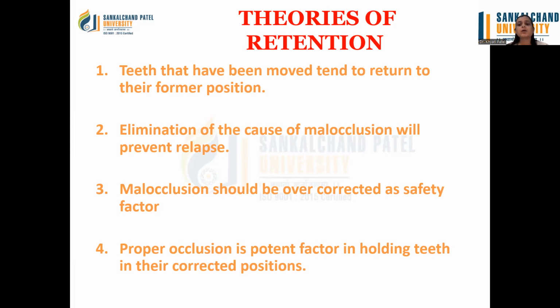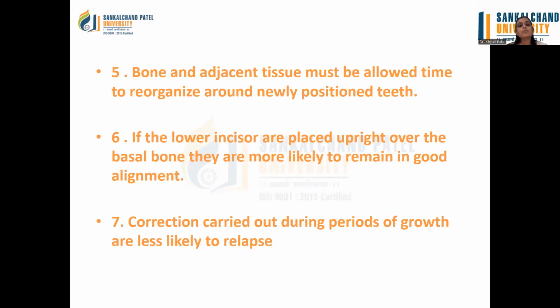Malocclusion should be overcorrected as a safety factor. Then proper occlusion is a potent factor in holding the teeth in their corrected position. Bone and adjacent tissue must be allowed time to reorganize around the newly positioned teeth. So that's why retainers are given.